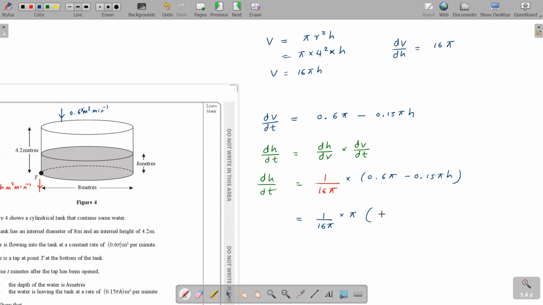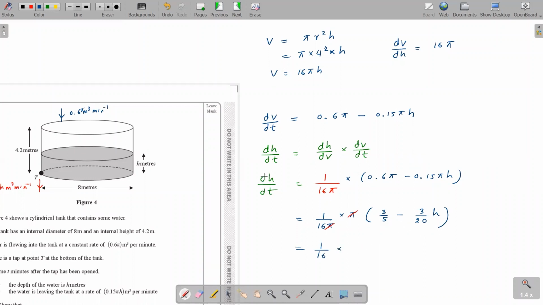Can you all make 0.6 into a simple fraction? 0.6 as a simplified fraction is 3 over 5, minus 0.15 as a simplified fraction, 3 over 20. The pi goes out, there's h here. When you take pi out, it can cancel. So I get here 1 over 16 into 3 over 5 minus 3 over 20, h.